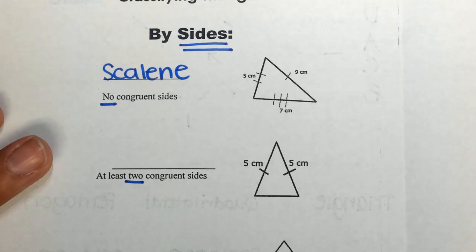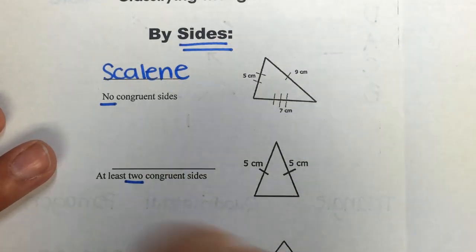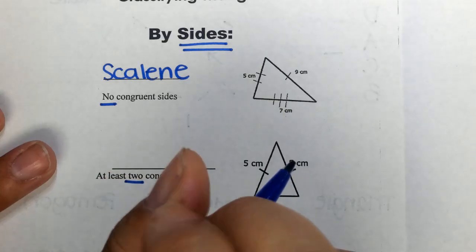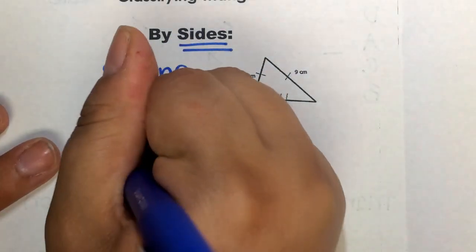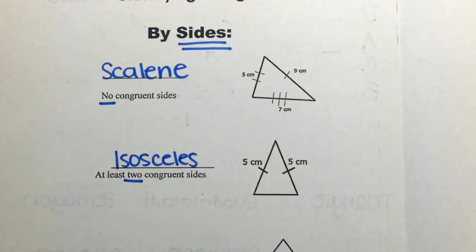2 congruent sides. So, I came up with a song in my head to learn how to spell it just because I struggle with spelling isosceles, right? It's a weird word. So, it's I-S-O-S-C-E-L-E-S. A chant, I guess. I-S-O-S-C-E-L-E-S.